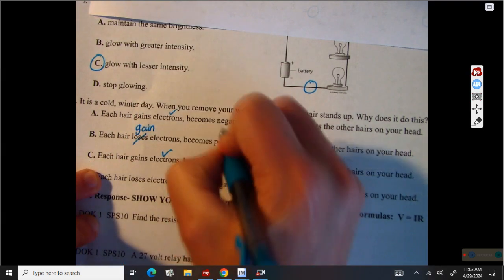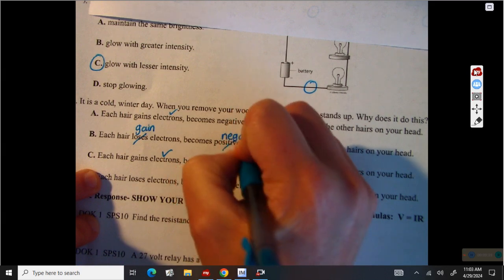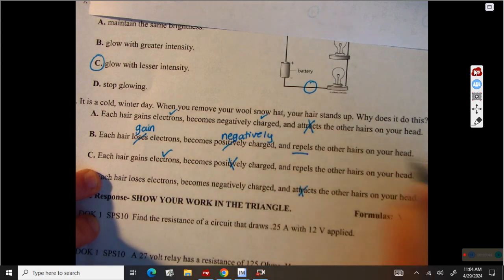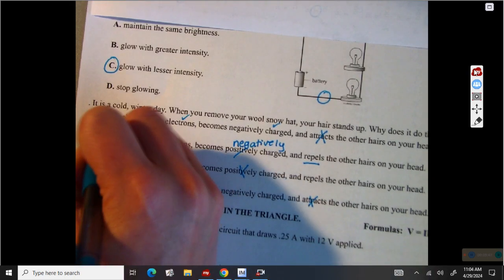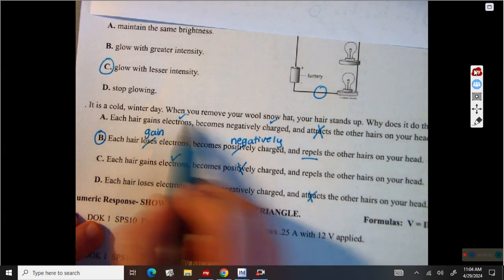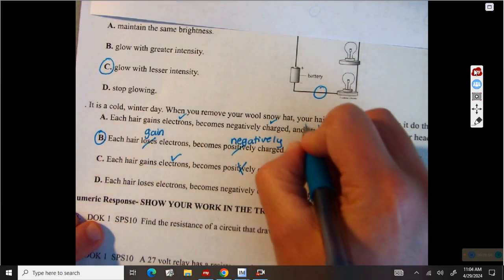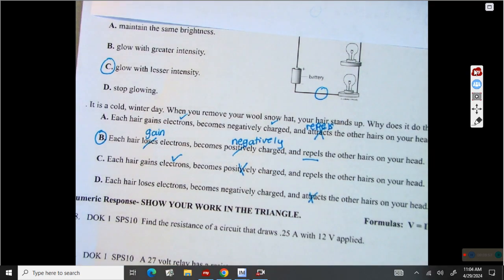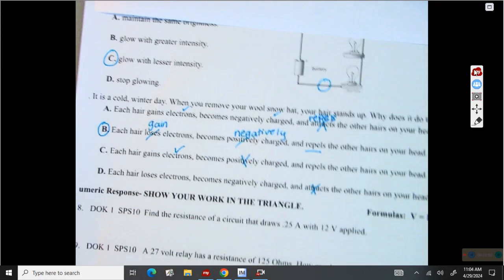It's going to become negatively charged, and it's going to repel other hairs on your head. So if I was going to change this one, it would be correct. You could also choose this one. Hair gains electrons, becomes negatively charged, and repels. Okay? So whichever one you choose, be sure you change it to make it the correct answer.